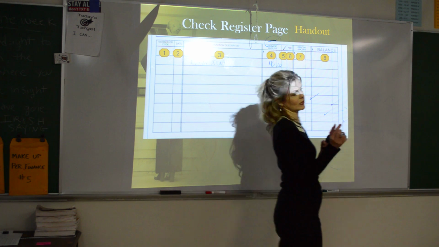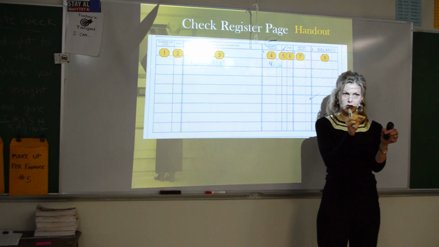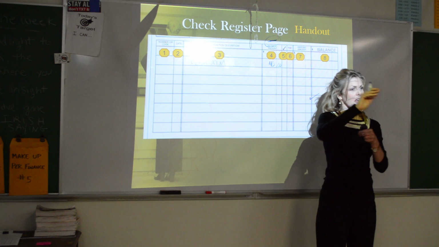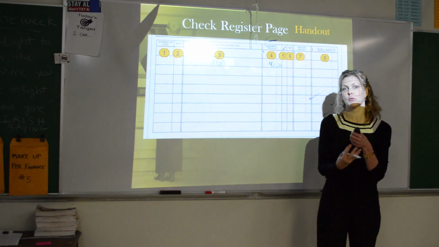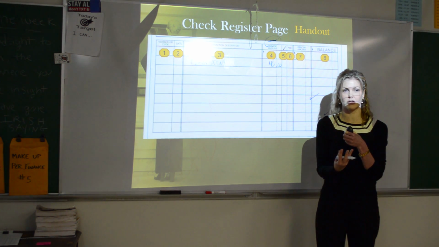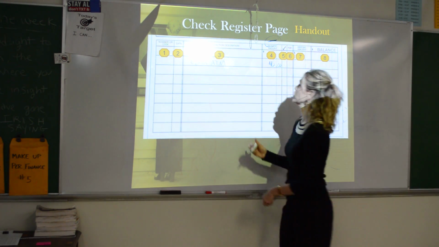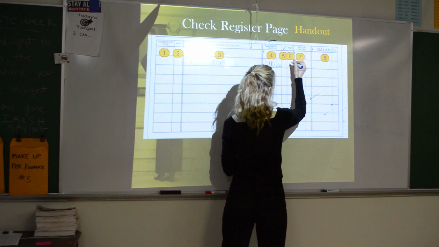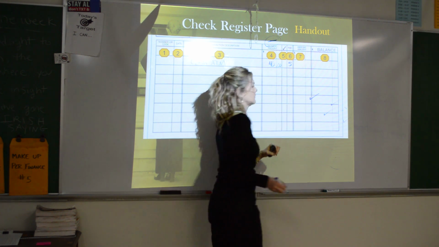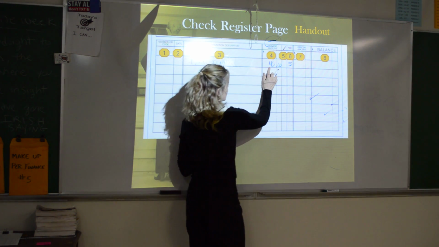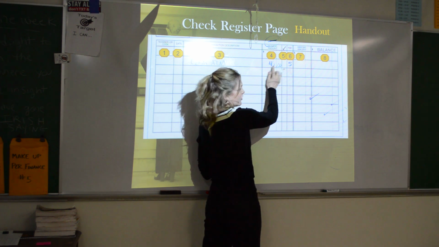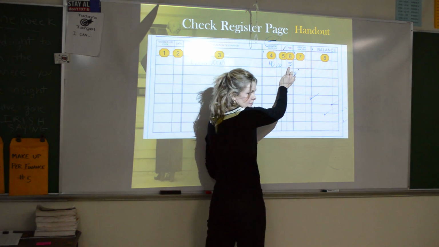Remember how we talked about third-party ATM fees, and you punch in your code and you request the money, and then a warning screen comes up and says there'll be a $5 fee for this transaction. Do you want to continue? That is your third-party ATM fee. Well, you know what that fee is. That can go right here.